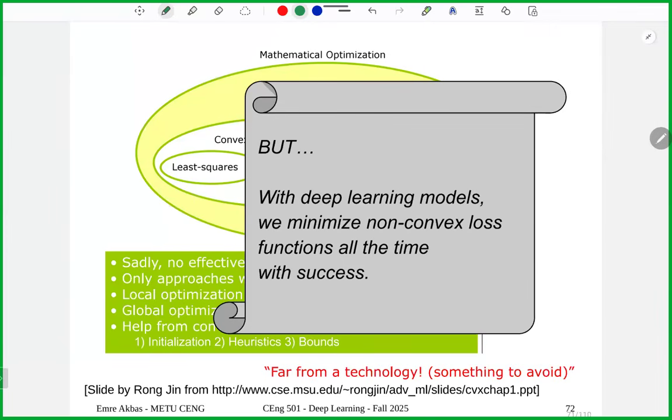If you don't do the hyperparameter tuning well, learning rate, batch size, and other things, you can get a bad test error. So the optimization of neural networks is still something that we need to figure out. It's an active research topic, a very hot research topic, actually.